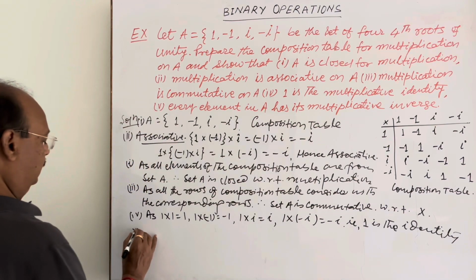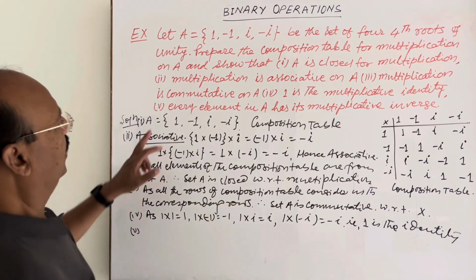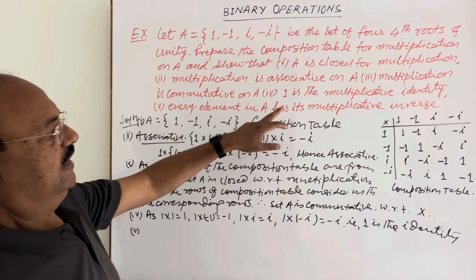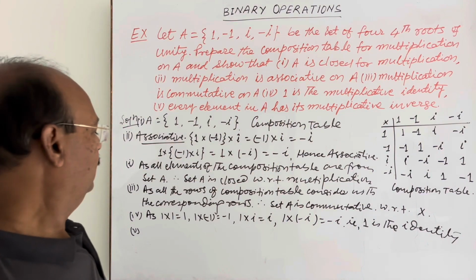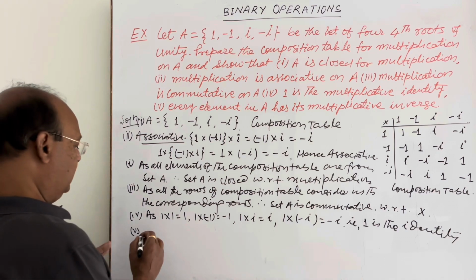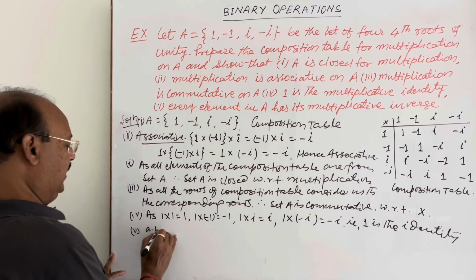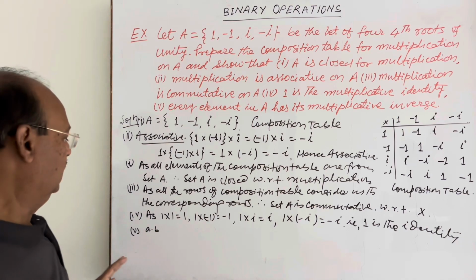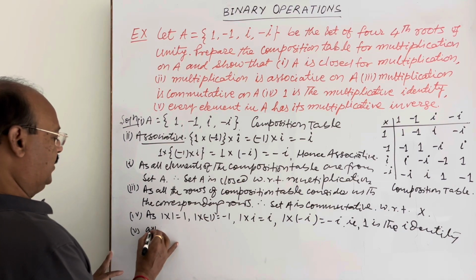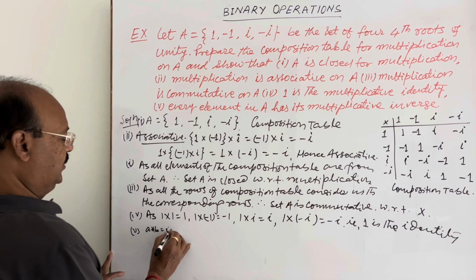Now fifth, every element in A has its multiplicative inverse. So you know that if two elements a and b are multiplicative inverses of each other, then a operation b is equal to the identity element.